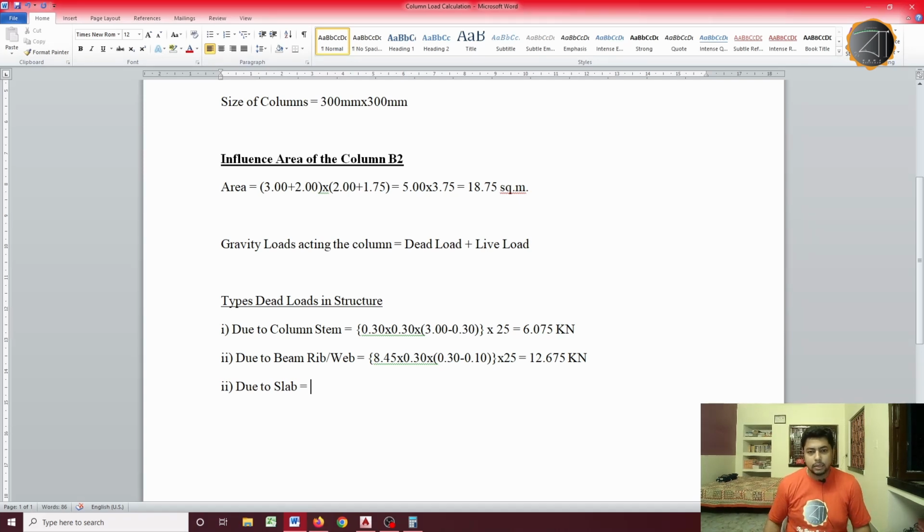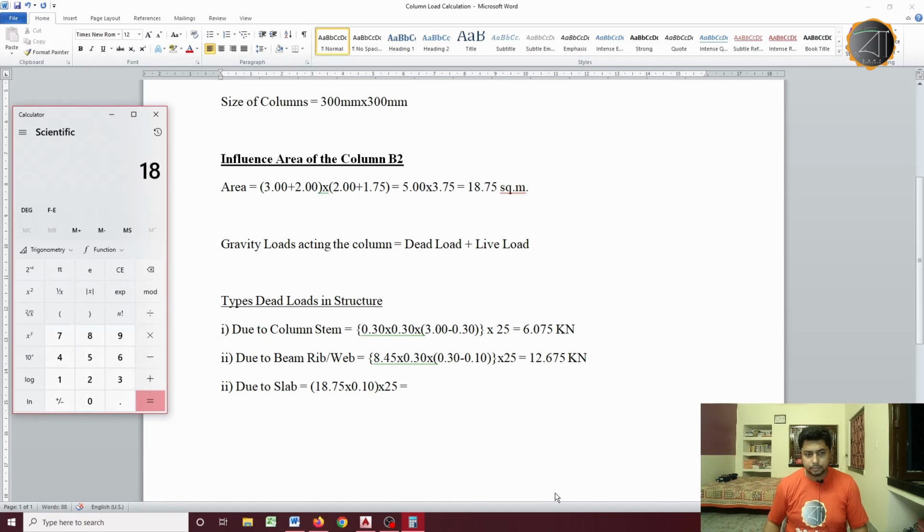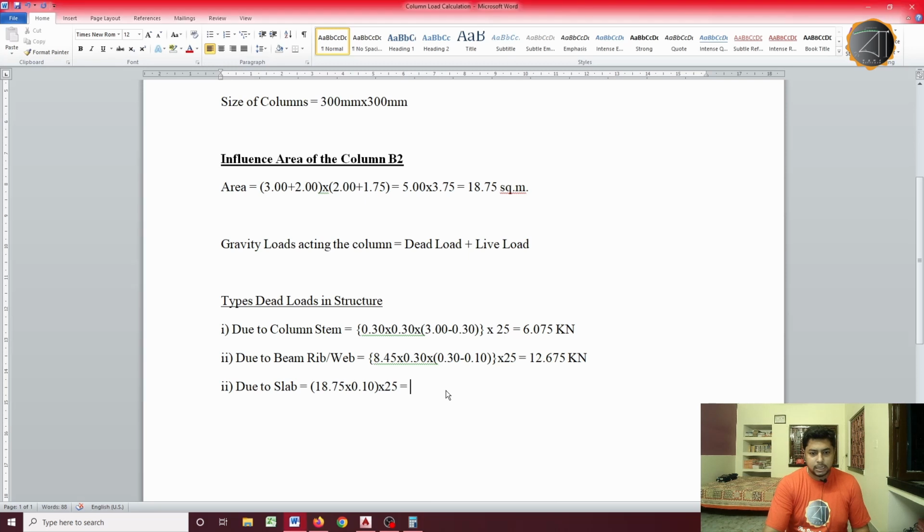So, it will be the influence area 18.75 square meter multiplied by thickness of the slab 100 mm as mentioned already. So, we get the volume multiplied by 25. 46.875 kilonewton.